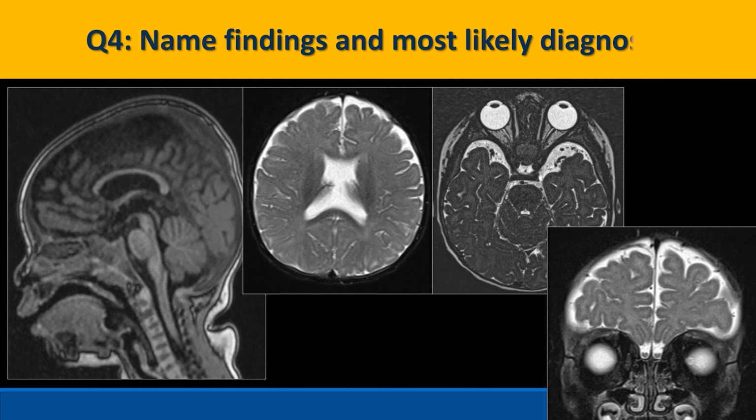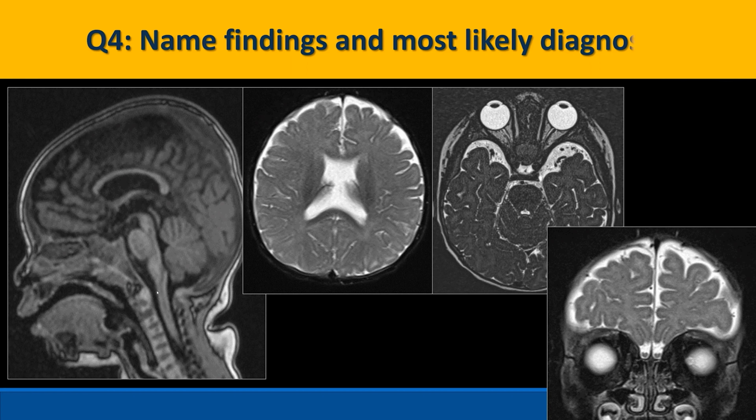Sure. So starting with the image on the left, I think the posterior fossa looks like it's a little bit small. I think the vermis, the positioning of the fastigium and the fissures look okay.